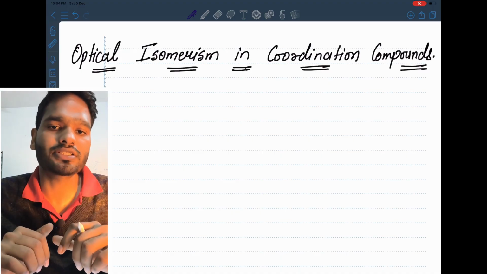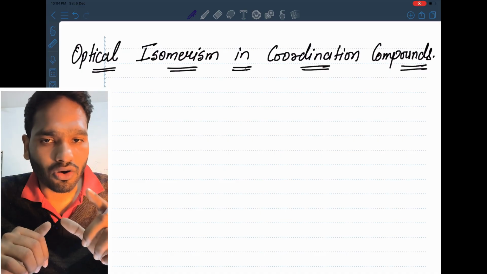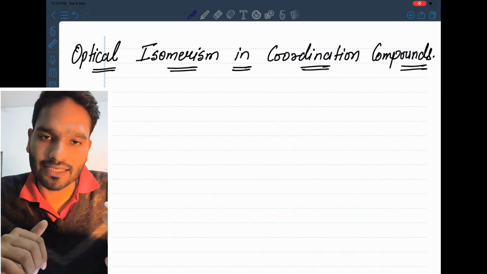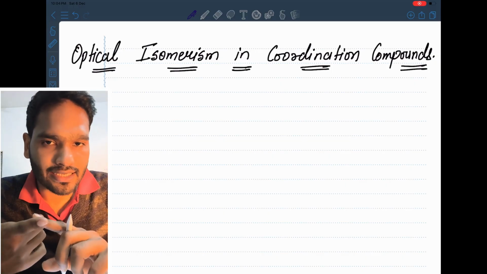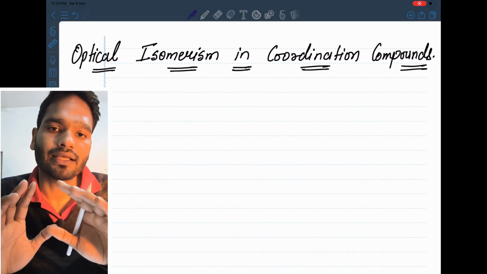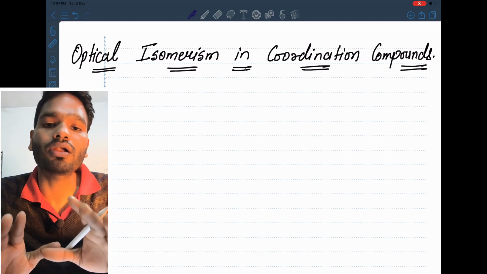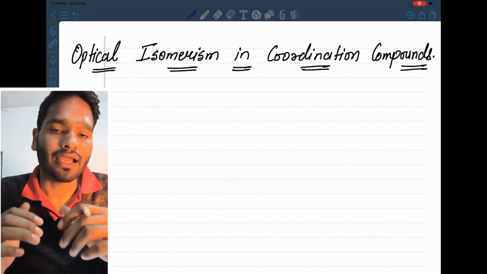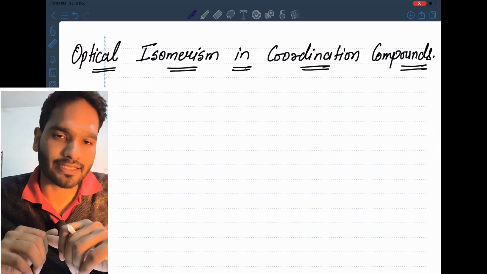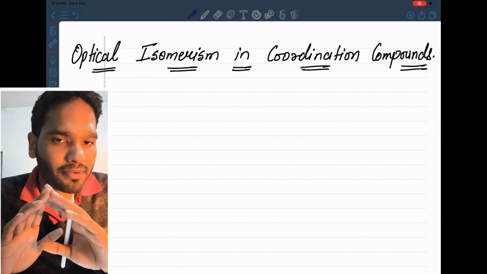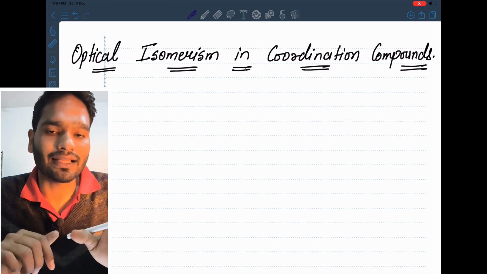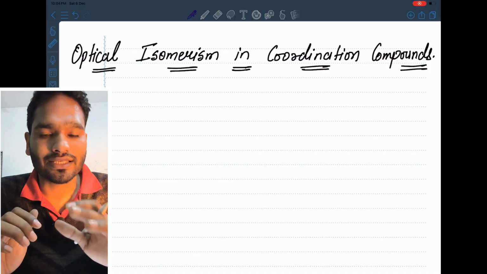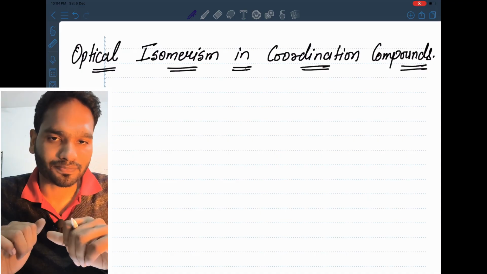If a coordination compound has the ability to rotate plane polarized light either in a clockwise direction or in an anti-clockwise direction, that compound will be called optically active, and it will show optical isomerism. If the compound is not able to rotate the plane polarized light, then it will be called optically inactive, and we say it will not show optical isomerism.